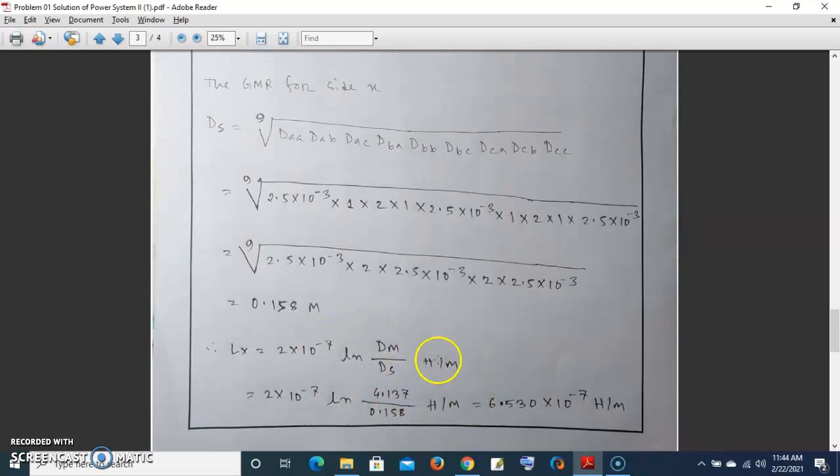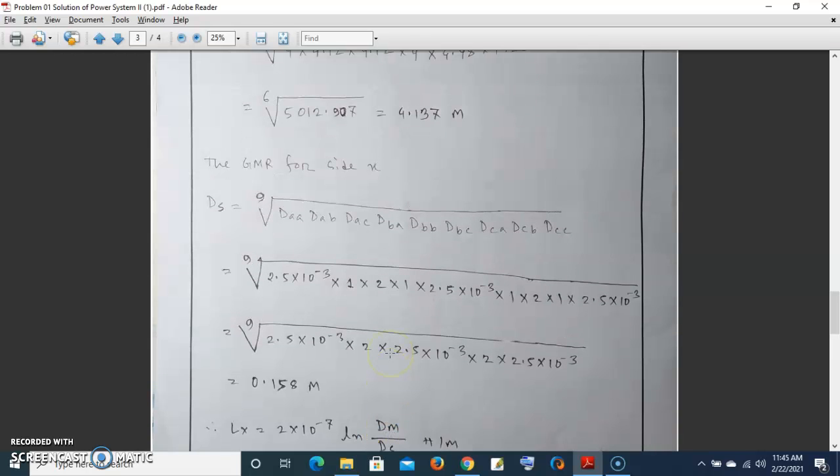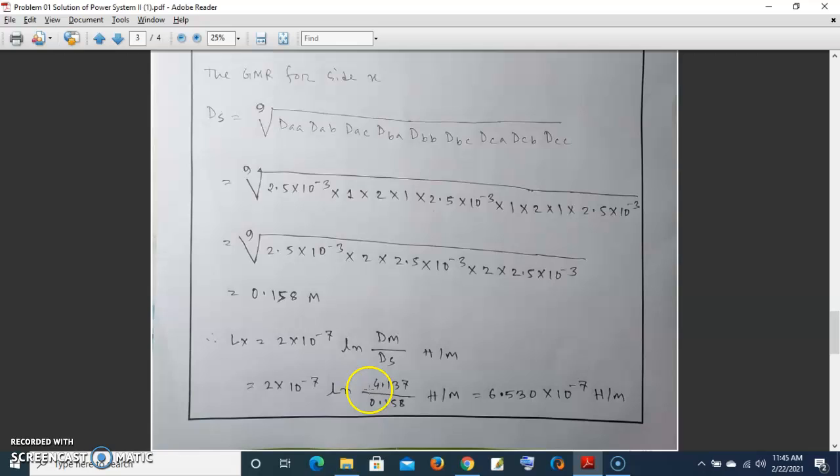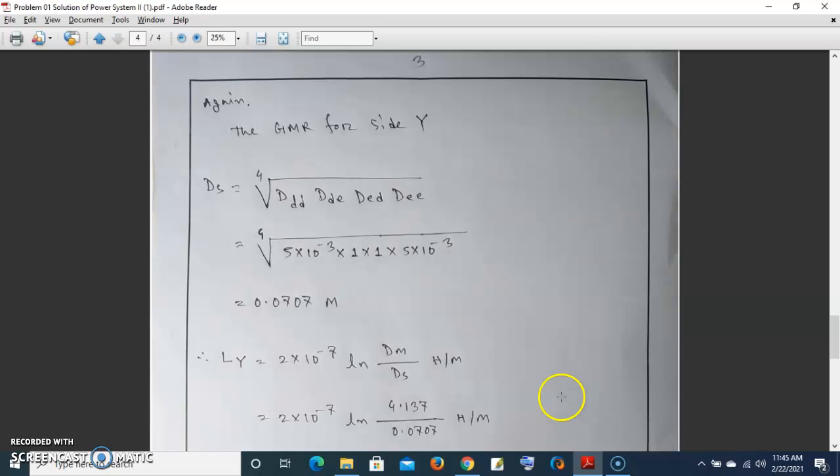This is the rule we use for the calculation. Here DM equals 4.137 meter and DS equals 0.158 meter. If we calculate this equation, we get 6.530 times 10 to the minus 7 henry per meter.